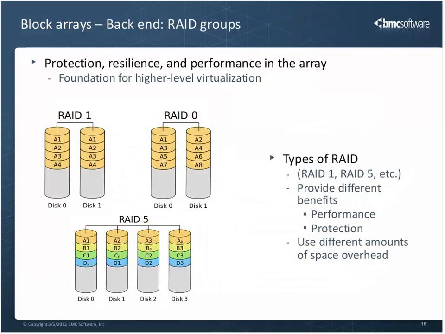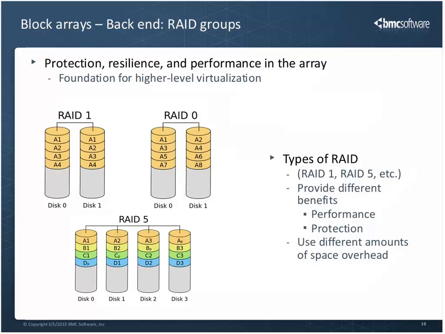So we'll start from the backend first. This is the most familiar to people because RAID is commonly known. There are various kinds of RAID. You can see RAID 1, which is a mirroring capability. So each block is mirrored on one disk and the other. RAID 0 is a way of striping a large amount of space. So the blocks A1, A2, A3, A4, and so on are striped alternately, disk 0 and disk 1 in this example.